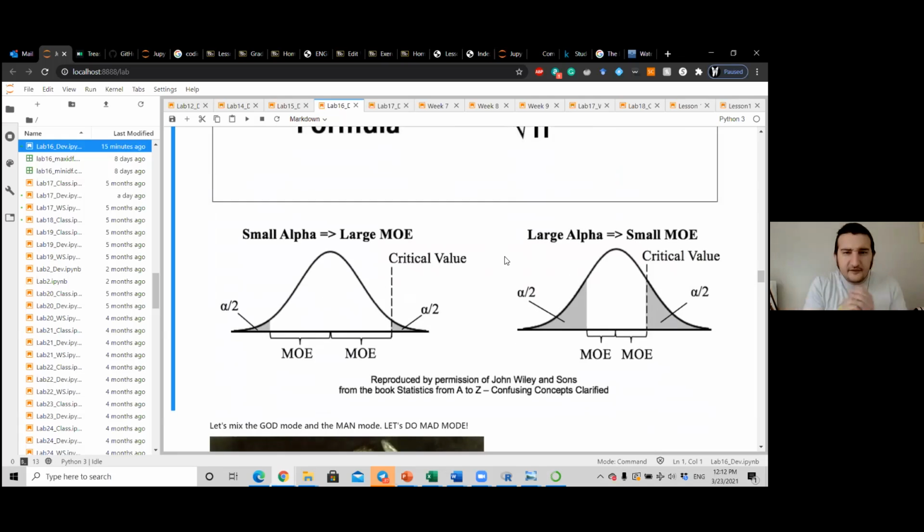Do you remember alpha from hypothesis testing? What was alpha? Caden, give me your answer. It's the barrier at which we set our rejection of the null hypothesis. And it had a name.